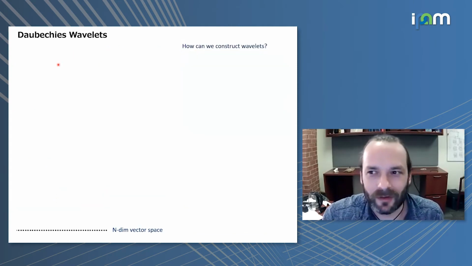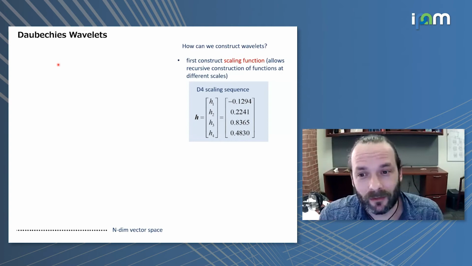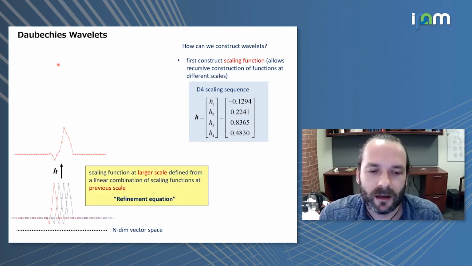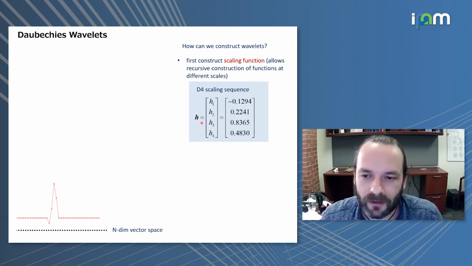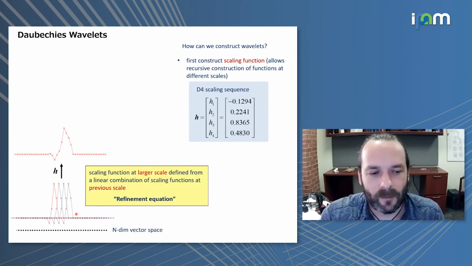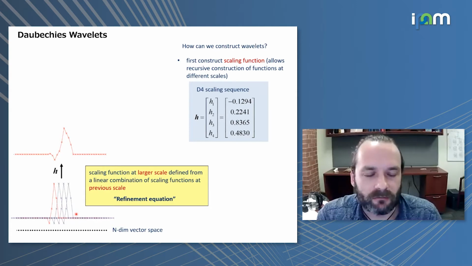Just to give you a very quick rundown of how we actually make these wavelets. You first build some auxiliary function, called a scaling function. It's defined in terms of some sequence, which I've drawn here. This defines a recursion relation for how I build wavelets at larger length scales.